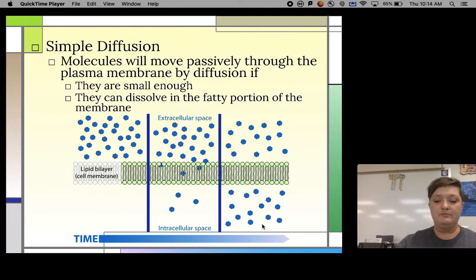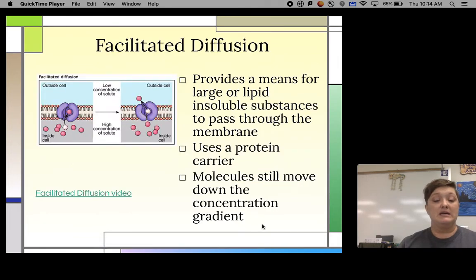So the next type is for things like glucose that are too big to fit. They do facilitated diffusion. They get help from a protein. Either they're too big or they can't deal with that fatty layer, so they use a protein molecule to help them get through. And that's what you can see here. In this example, it's going from the inside of the cell to the outside of the cell, but still higher concentration out to a lower concentration.